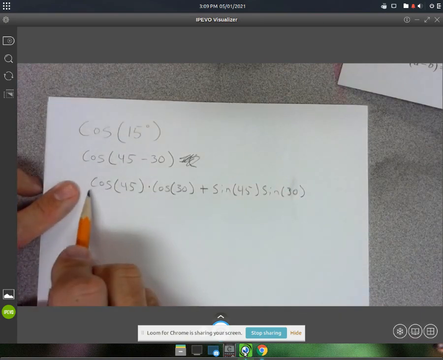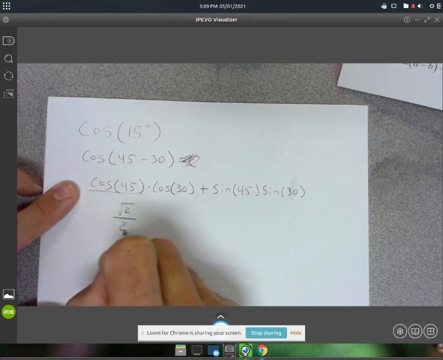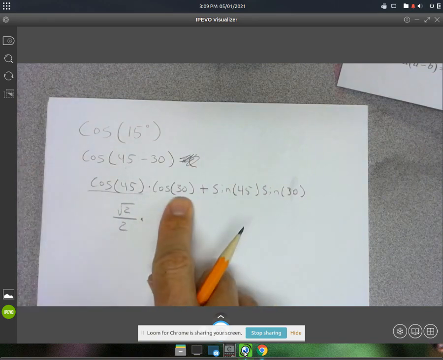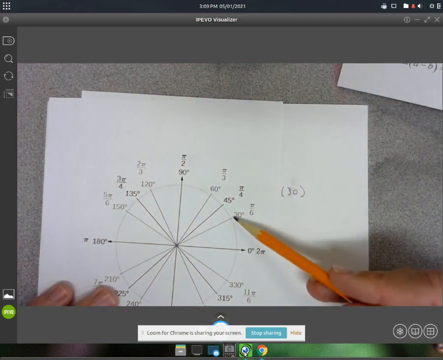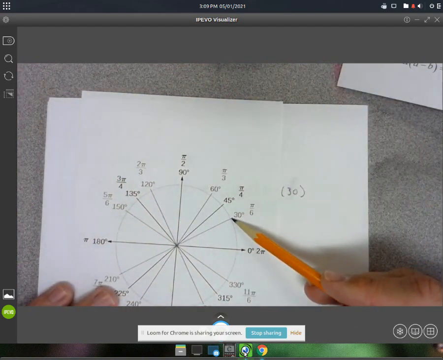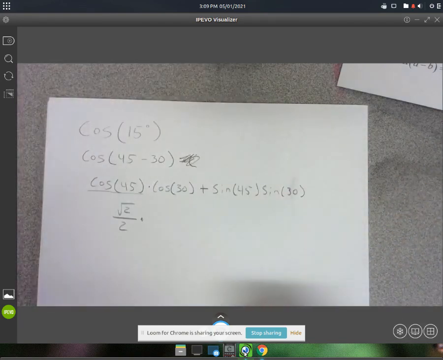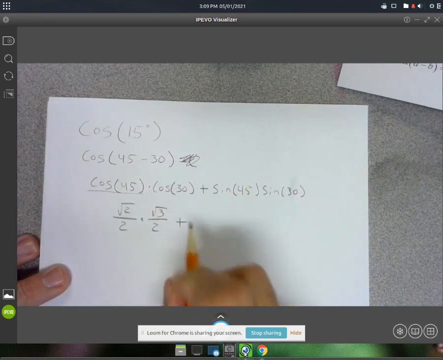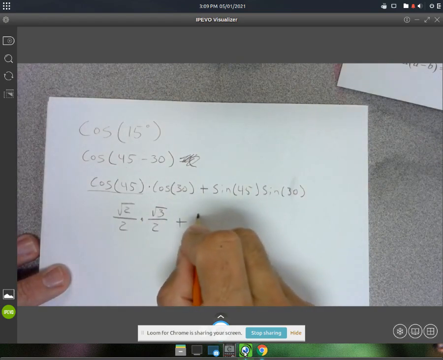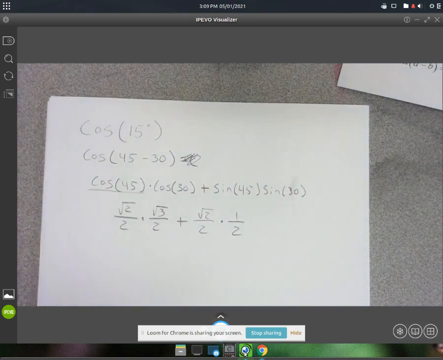So cosine of 45 degrees is root 2 over 2. Cosine of 30 degrees, if you don't have that handy, is the x value at that point, and that's root 3 over 2. Plus sine of 45, again root 2 over 2, times the sine of 30, which is 1/2.